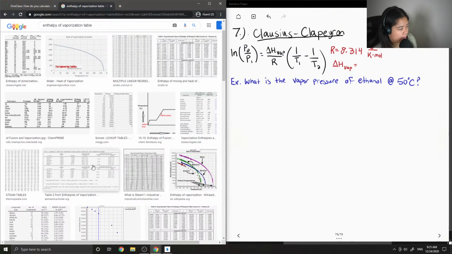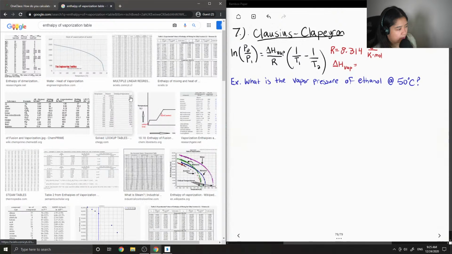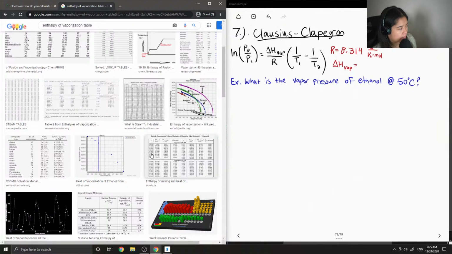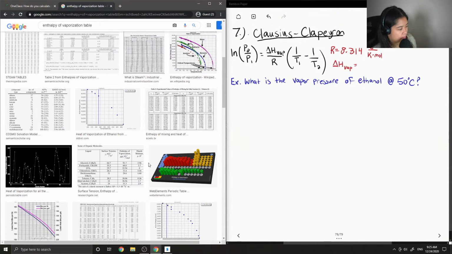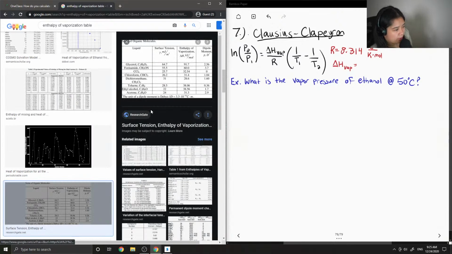Okay, so let me just try to find it. Okay, so here are the enthalpy of vaporization values of different compounds. Ethanol is the same thing as ethyl alcohol, so here it is 38.56 kilojoules per mole.